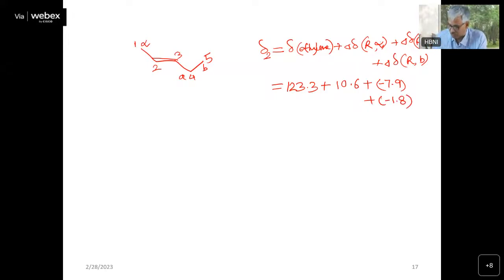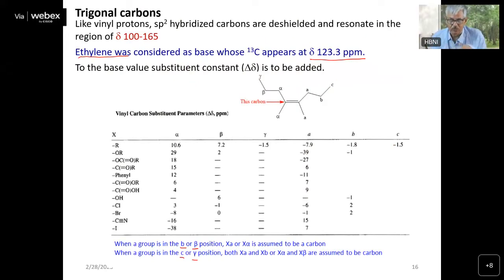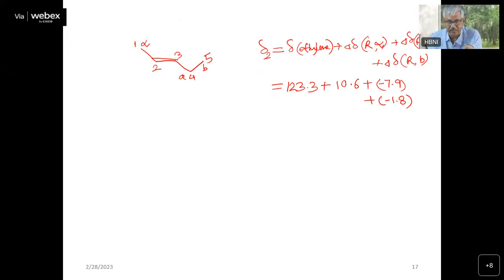Methyl means we can consider this as an R group. You can see for R, the alpha is 10.6, A is minus 7.9, B is minus 1.8, and even if there is a C, you will see a minus 1.5. And you see the alpha position here, the methyl is there, so that's why it is 10.6. So this is coming from the alpha, this is coming from the A, and this is coming from the B. So you can find out.